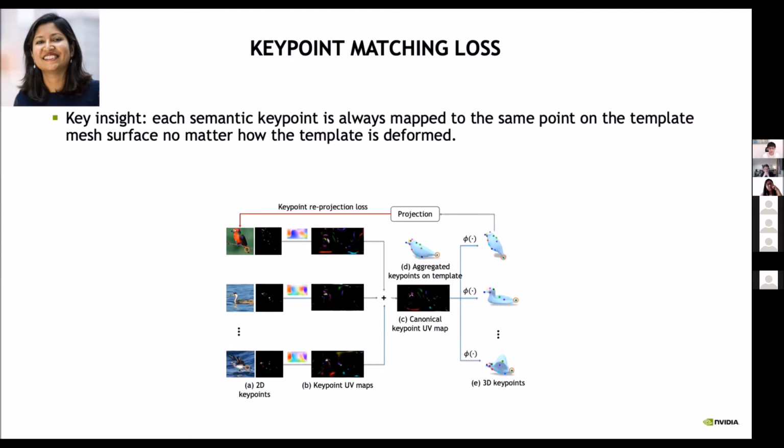Notice that if the shape is reconstructed correctly, then the projections of the 3D key points onto the rendered image should match exactly the input 2D key points that are provided as ground truth annotations. So we explicitly enforce this key point matching loss to encourage the model to learn to reconstruct better shapes by matching 3D key point projections to their ground truth 2D locations.